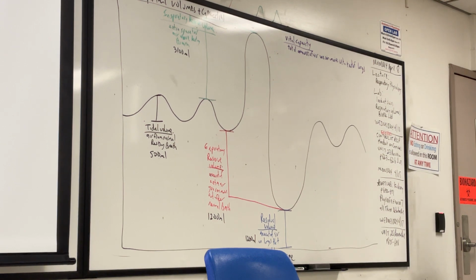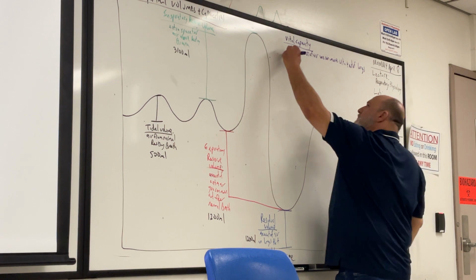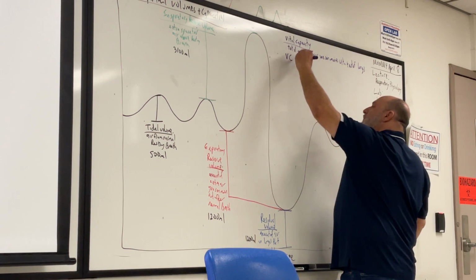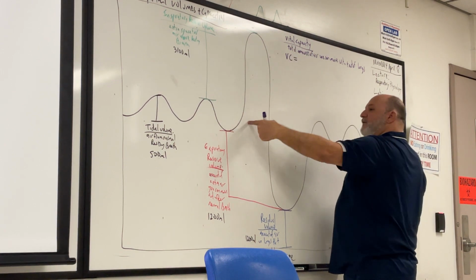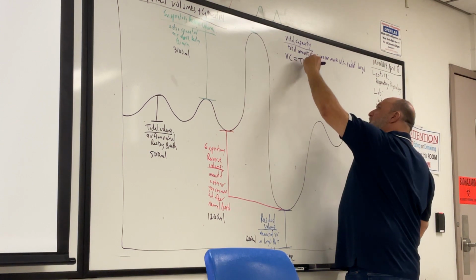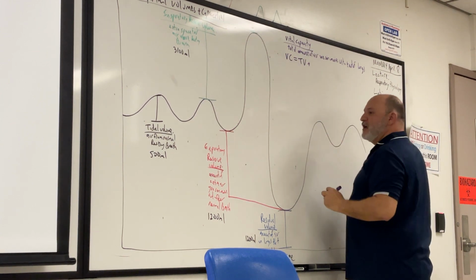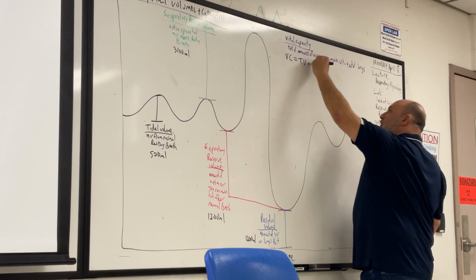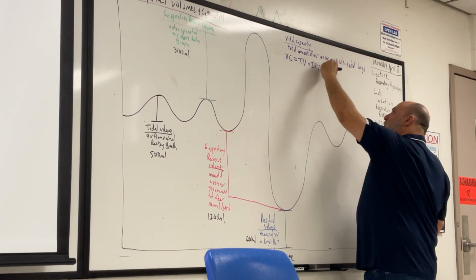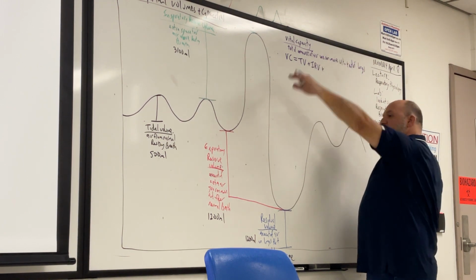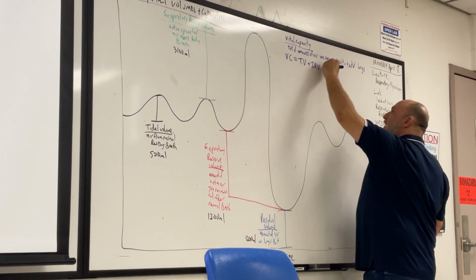How do you think you would calculate your vital capacity? Add everything except for residual volume. Excellent. You would have the amount you normally move, your tidal volume. To that, you would add your inspiratory reserve volume, the amount of extra air you could bring in, and the amount of extra air you could move out.